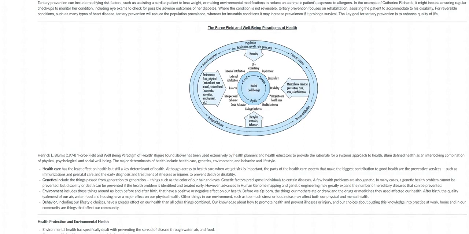These are the different factors that impact a community's health outcomes, an individual's health overall. And in this specific diagram, the focus is on healthcare, genetics, environment, behavior, and lifestyle.